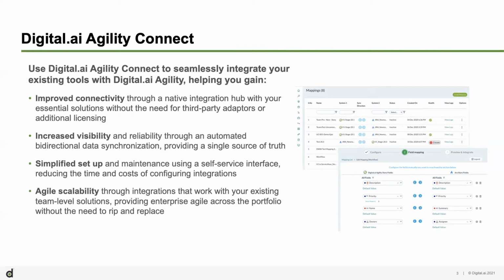And so what this ensures is that you're getting a single source of truth when looking at that information. It has a simplified setup and maintenance with a new user self-service interface. So helping you obviously save time and costs when you're trying to configure these integrations.